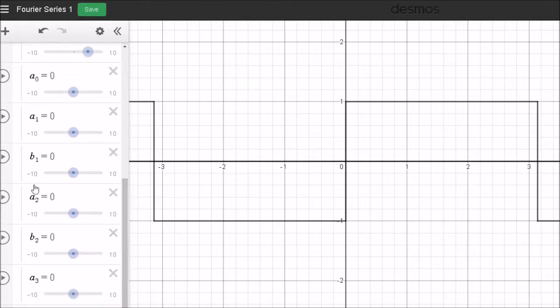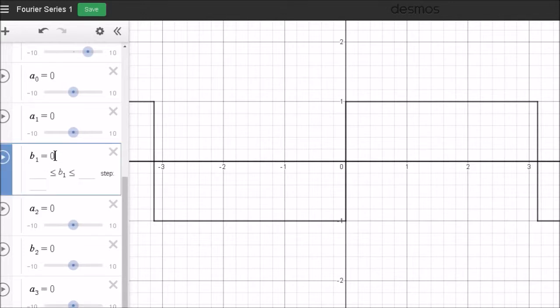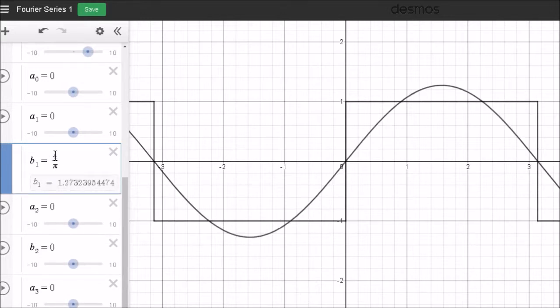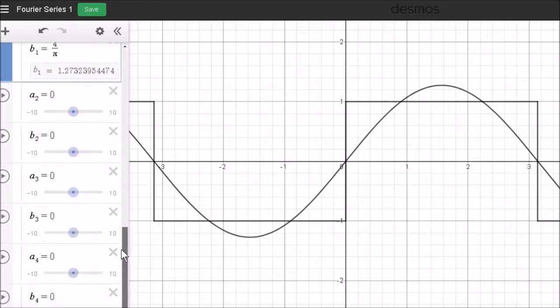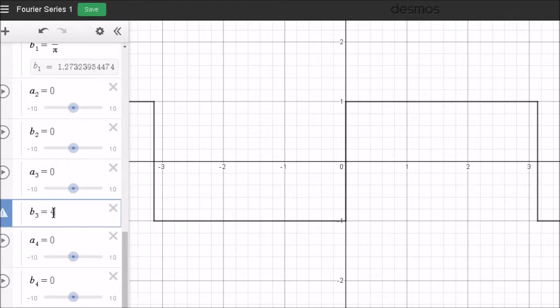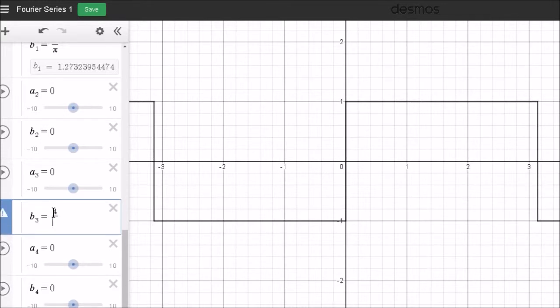We've only got odd terms in the b's, so the first value is going to be 4 divided by pi. So that's our first approximation. Our next approximation, there's no b2, so it goes up to b3. So b3 is going to be 4 divided by 3 times pi.